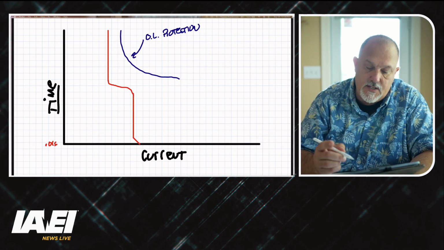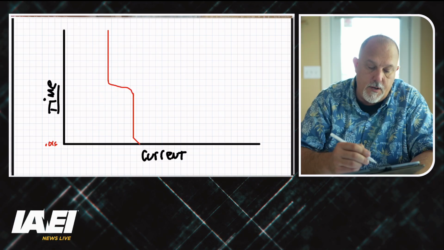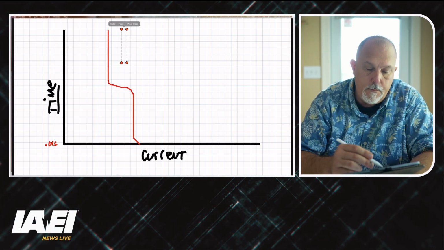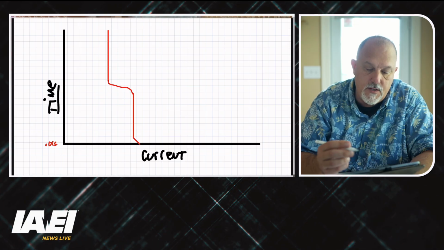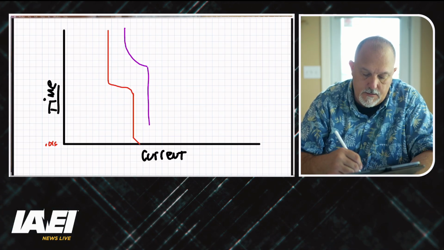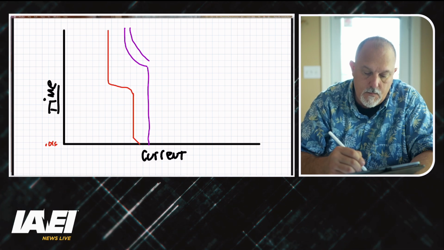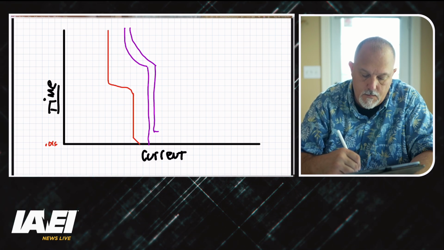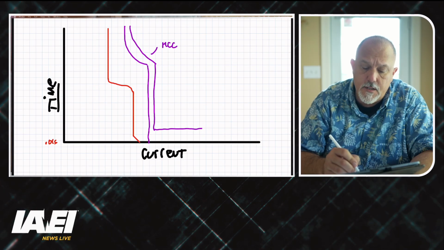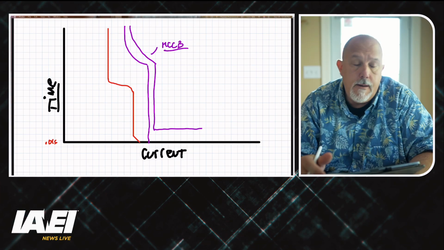You could say, instead of a separate overload, I'm going to get it all done. We'll make this one purple. We're going to get this done with a molded case circuit breaker, right?